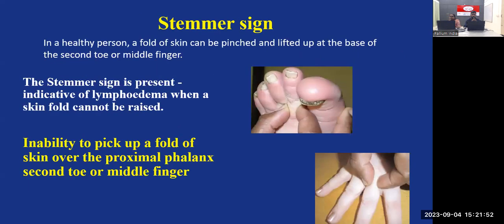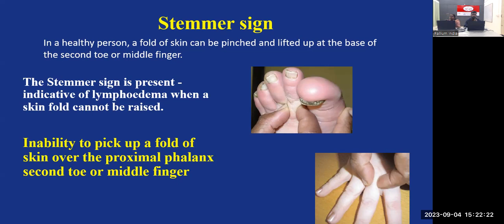Coming to the next, one sign is Stemmer sign. This is the sign which we see in lymphedema patients. For a healthy person, we are able to pinch or lift up the skin at the base of the second toe or the middle finger of the upper limb. But if the patient is having lymphedema, we cannot.